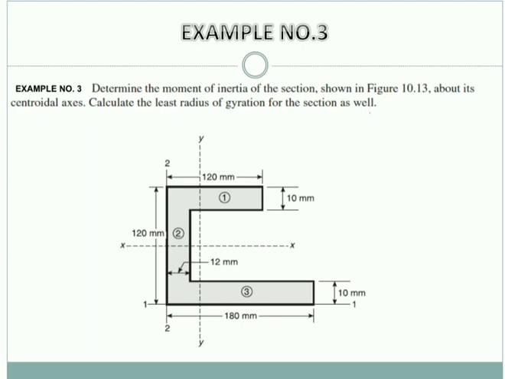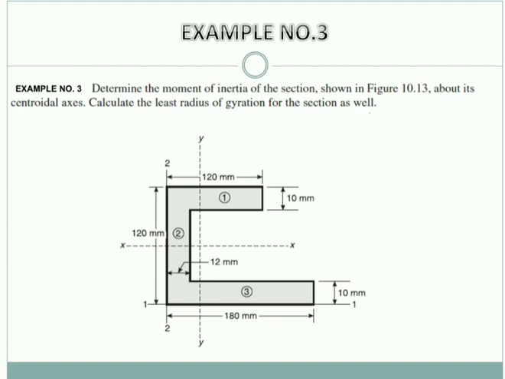Now, the same example we have already covered in CG, where we solved it for obtaining the centroid. This figure is unsymmetrical about both the axes, the centroidal x axis and the centroidal y axis.